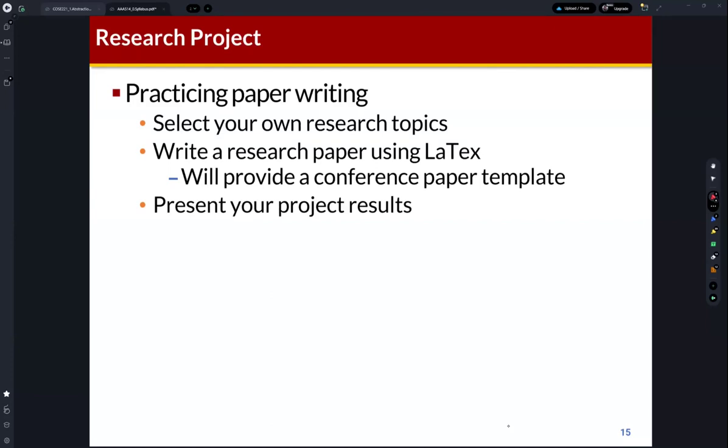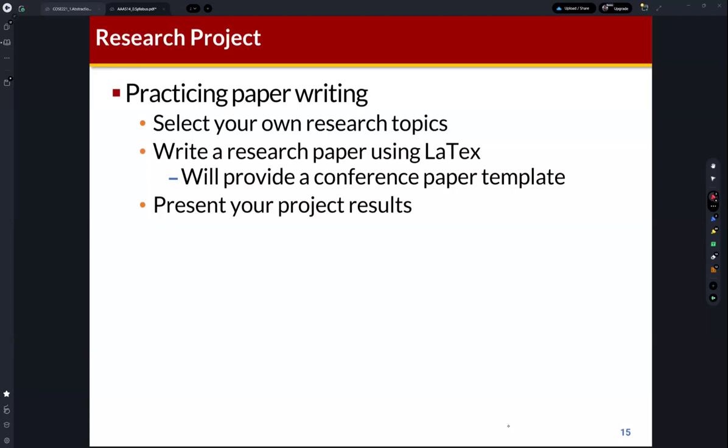Also, as I mentioned, writing is also important. So this is the final project for this course. You can select your own research topics regarding the computer architecture field. And then you can write the research paper using LaTeX. LaTeX is a language for documentation, for example.